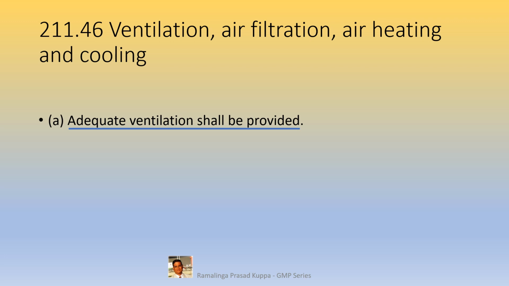But depending upon the number of people working in that area, number of equipment present in that area, volume of the room, etc., the number of air changes per hour may vary. You need to calculate all these aspects while designing the ventilation systems.